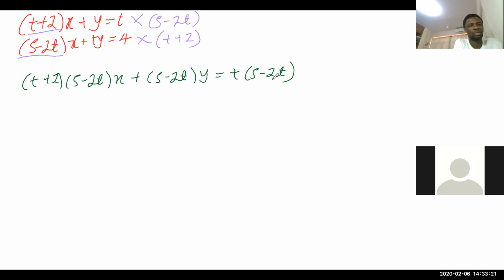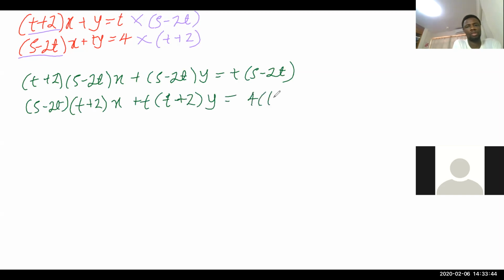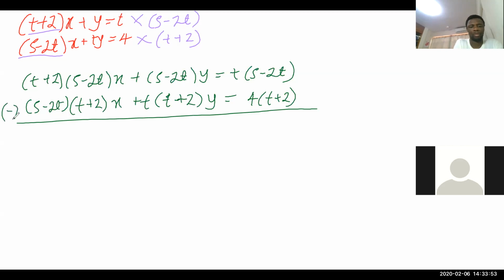And the second one is (5 minus 2t)(t plus 2)x, then (t plus 2)ty equals 4(t plus 2). Does that make sense, everyone? So if we subtract, the x terms are gone.